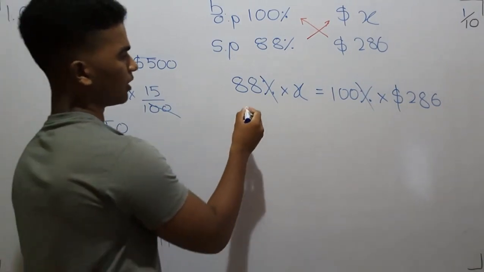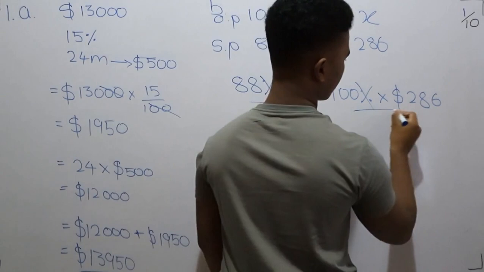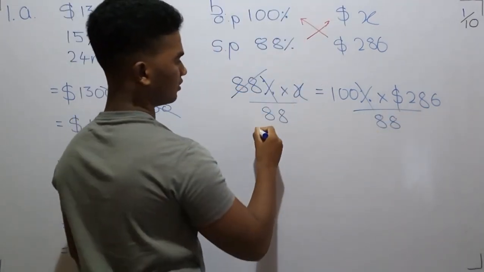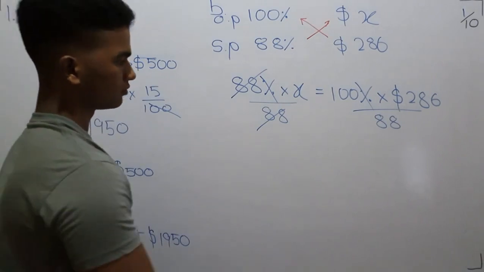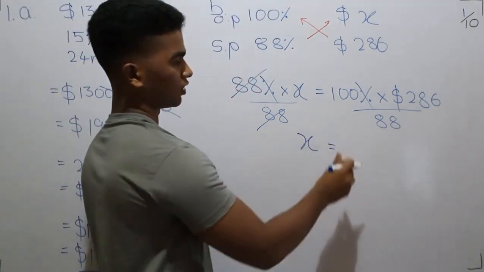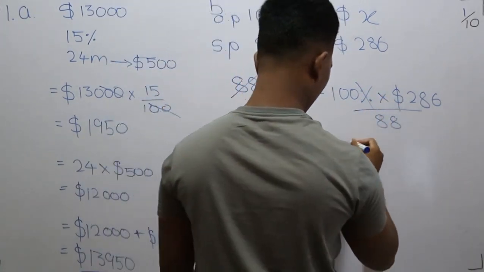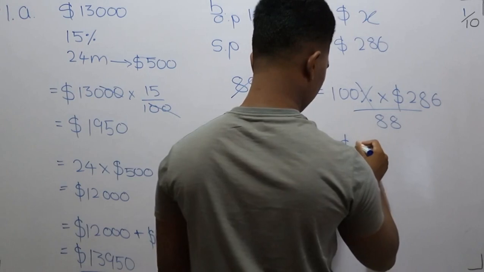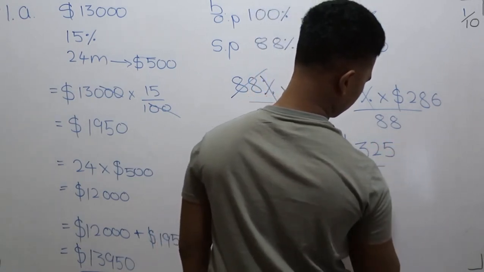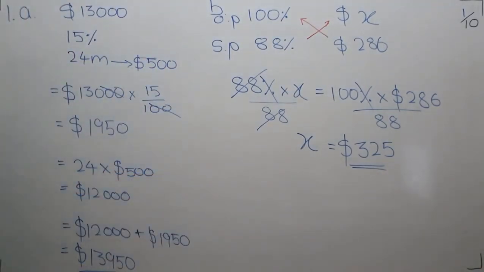Divide both sides by 88. So this 88 and this 88 will get cancelled. X is equal to, when you simplify this, you will get the answer as $325. You are getting the original price as $325.